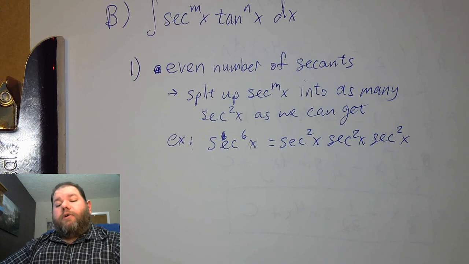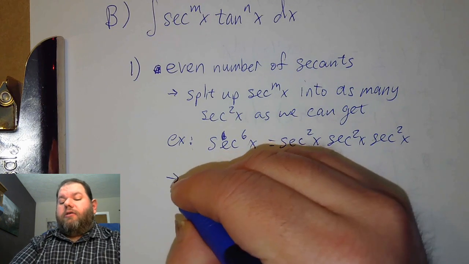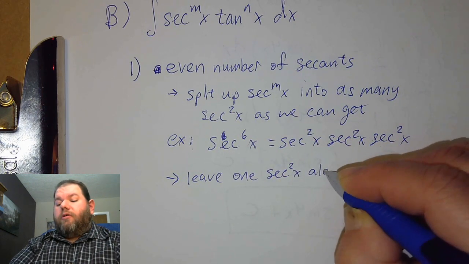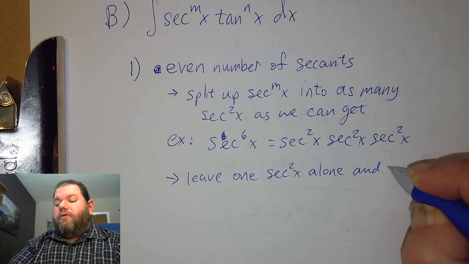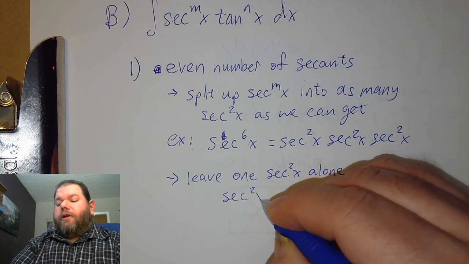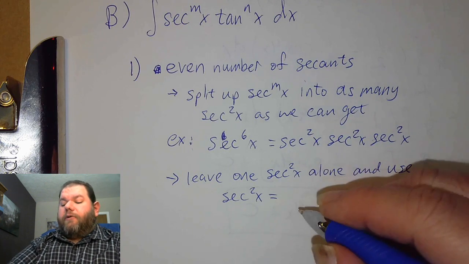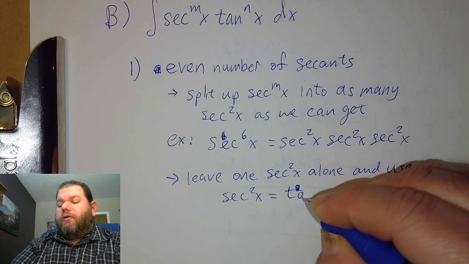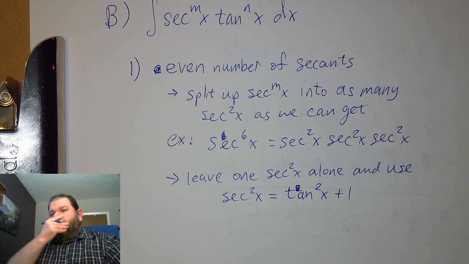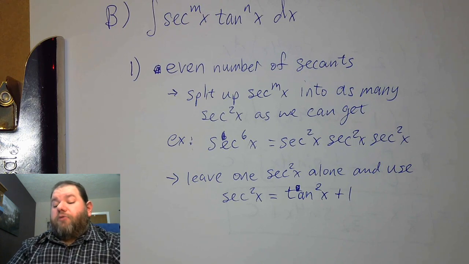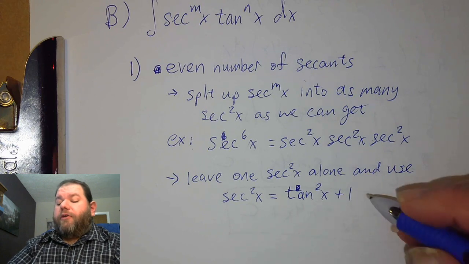Then we leave one secant squared x alone, and use secant squared x equals tangent squared x plus 1 for the others.